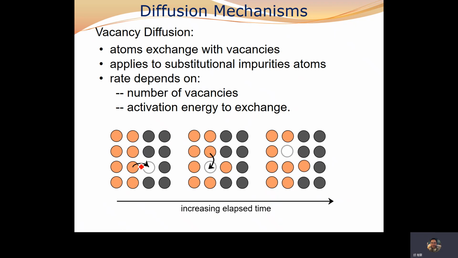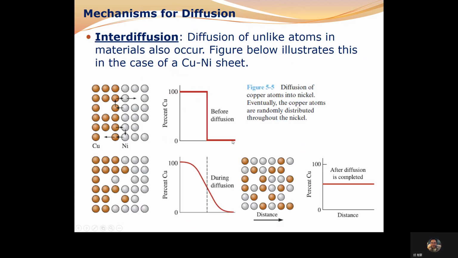So if there is a vacancy site, a lattice atom will move to this vacancy site, its original spot is empty, and the neighbor atoms will fill in this empty vacancy and keep going. Usually interdiffusion is accompanied by vacancy diffusion and self-diffusion, and the diffusion between two metals.